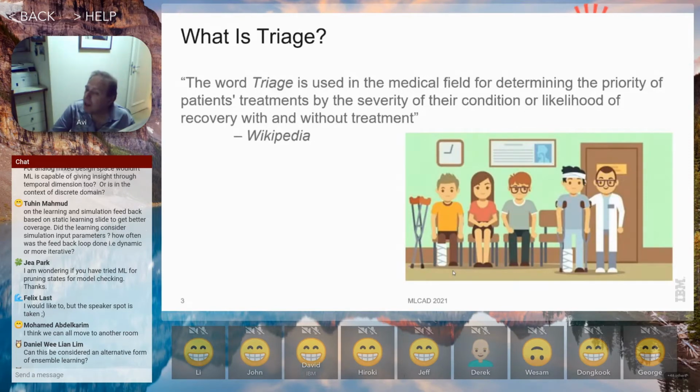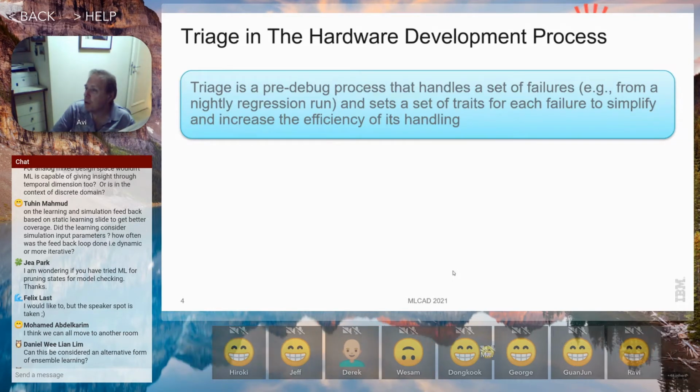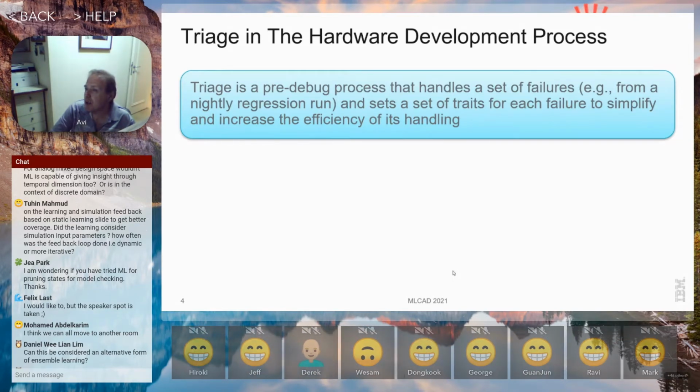And then the question is how this is related to hardware development, or actually in the same way to software development. So in the domain of hardware development, triage is a pre-debug process that handles a set of failures.